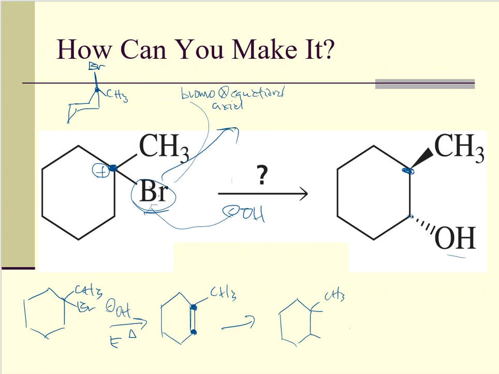If I add something like water and acid, that will give me OH. That's what we're after. But that OH, folks, is going to go here because H plays with other hydrogens. Again, that's not where we want it. A typical substitution reaction would have put it there. Okay, so that's not going to work out for me. That's not where I want the OH.